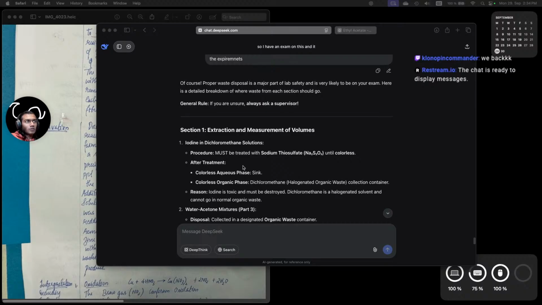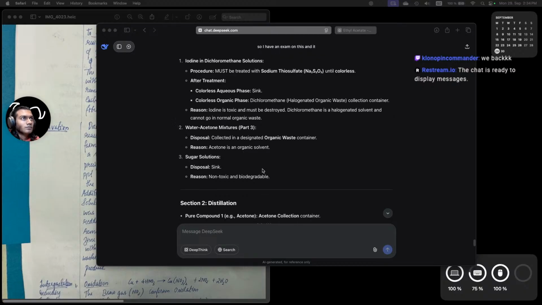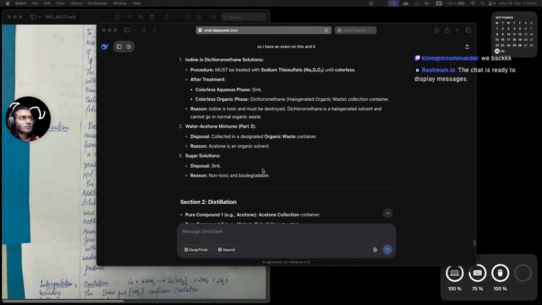So dichloromethane should be treated with sodium thiosulfate. Acetone is an organic solvent.